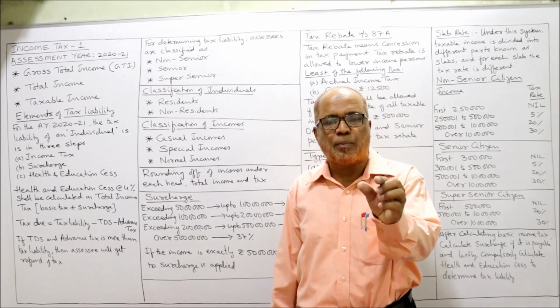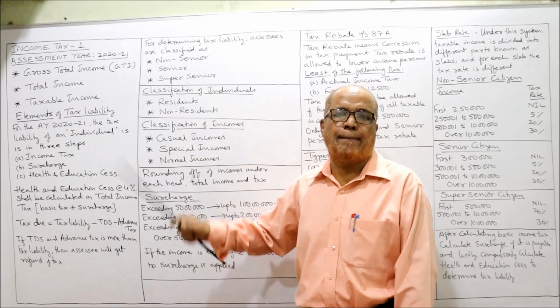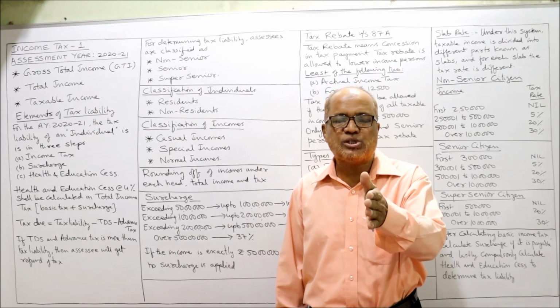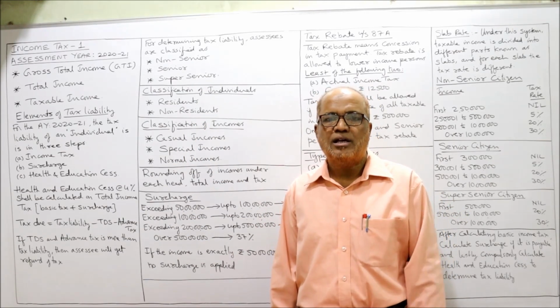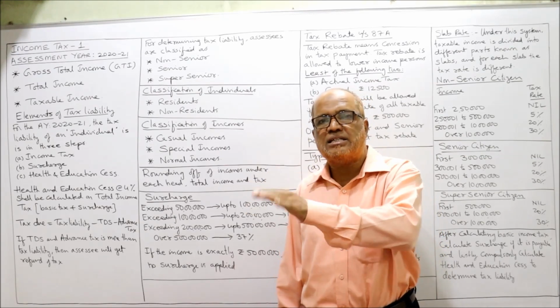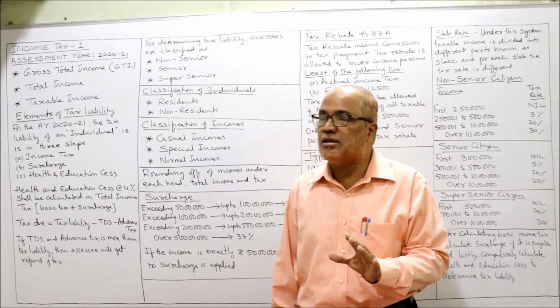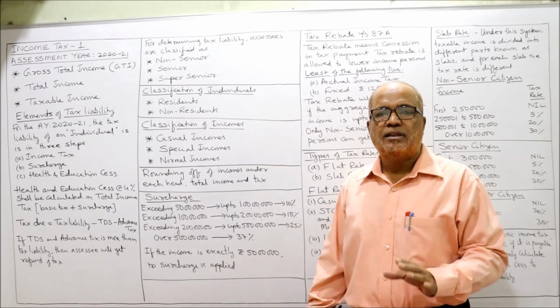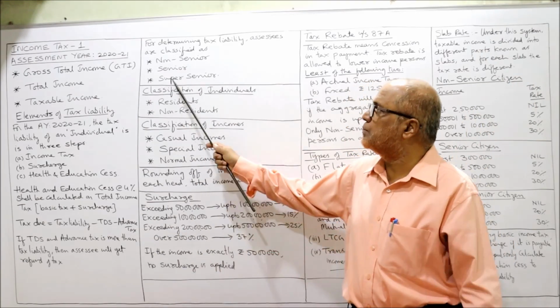The rate of tax and the provisions will be different accordingly. So remember: up to 60 years, non-senior; 60 to 80 years, senior; 80 and above, super senior.